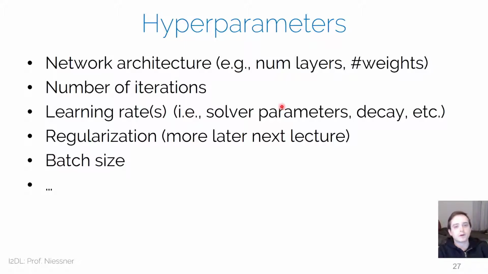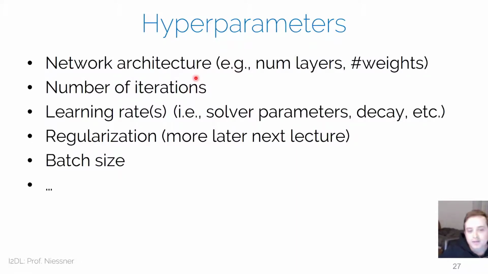So what are the hyperparameters we're trying to tune? For us, it's anything that determines how your model looks, that is its architecture, and anything that determines what the training process looks like. So for example, for the architecture, it can be your number of layers, the number of neurons that you have in every layer.